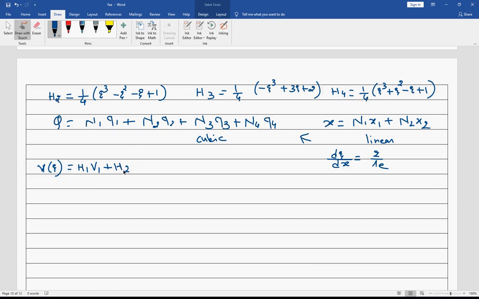Now it is a rotational motion, and that is basically governed by the slope, dv by d xi, at location 1 or at point 1, plus h3 v2, the vertical displacement at node 2, plus h4 dv by d xi at location 2.